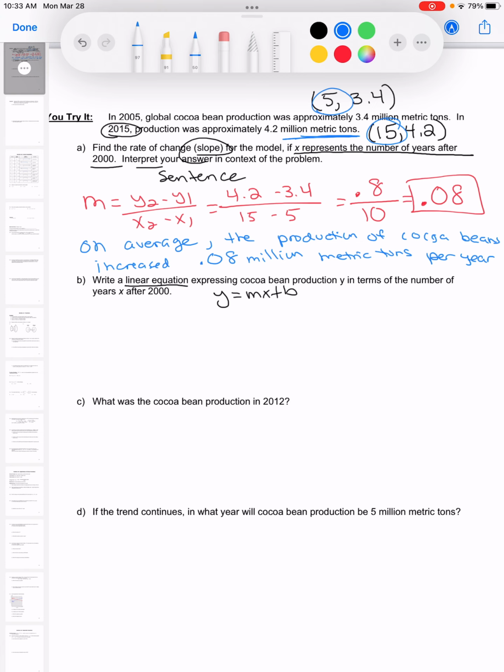Those were years. Between 2005 and 2015. So that's a great sentence. I've got my increase there because it's positive. I've got my units, millions of metric tons per year. I've got that "on average" and the years 2005 and 2015.